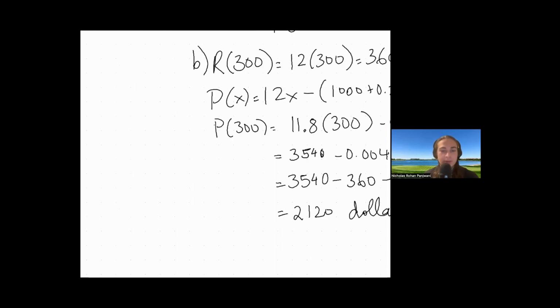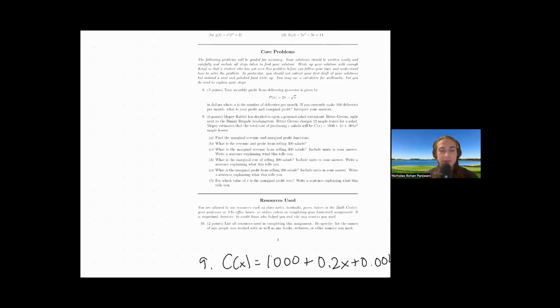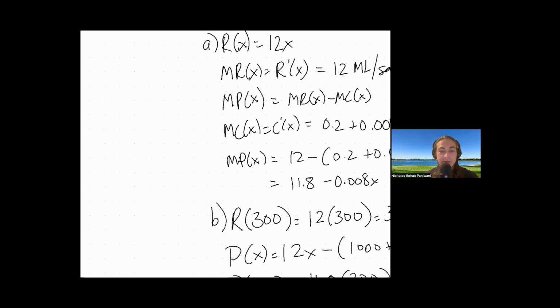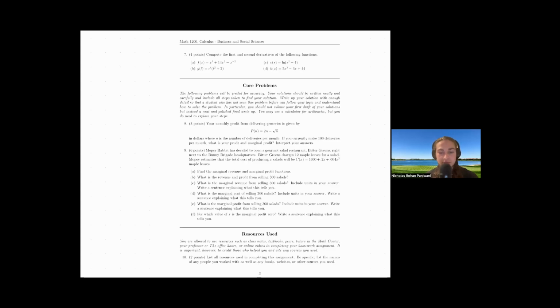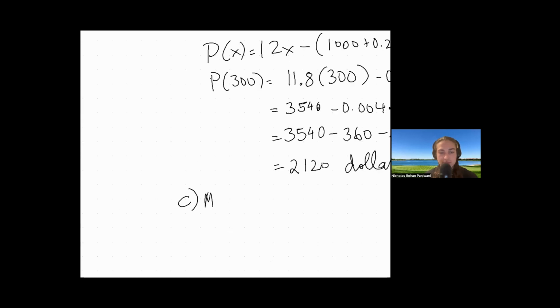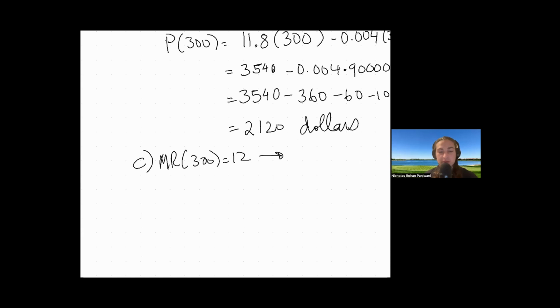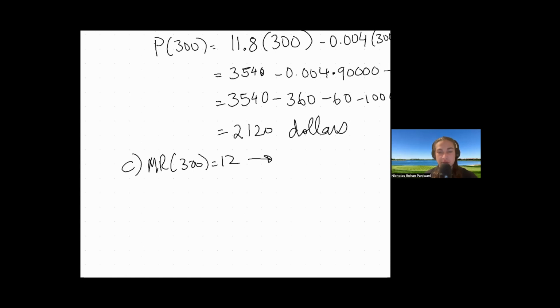Cool. All right. C, marginal revenue. Marginal revenue is still 12. Oh, nope. For one, marginal revenue is always 12.